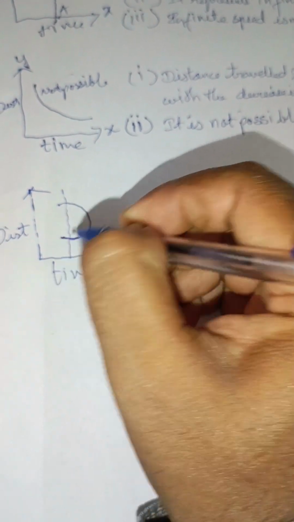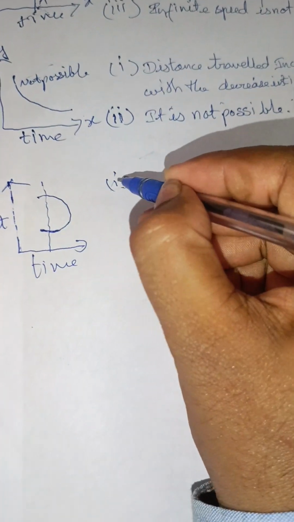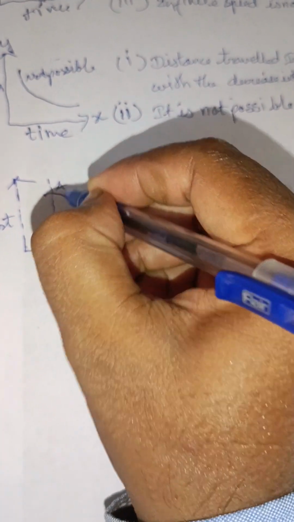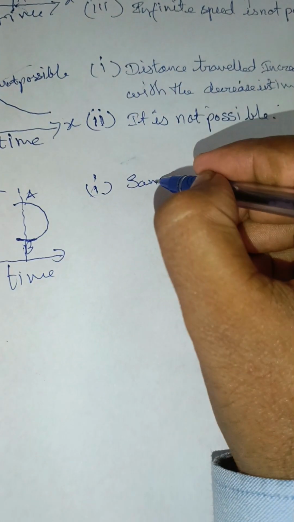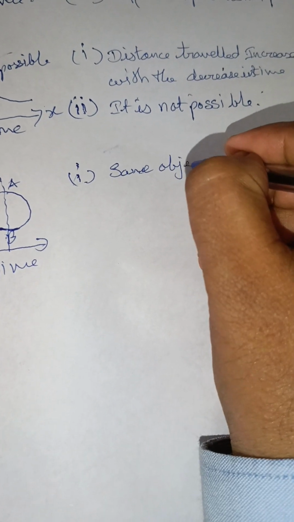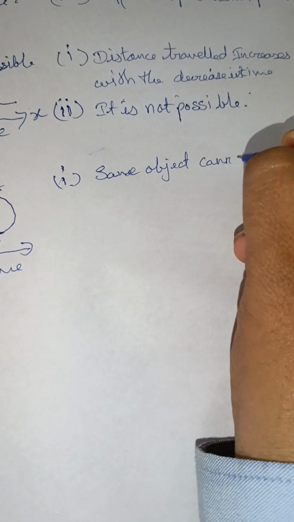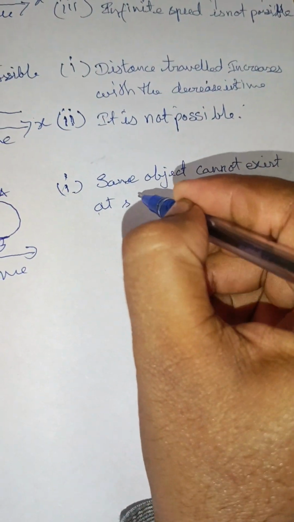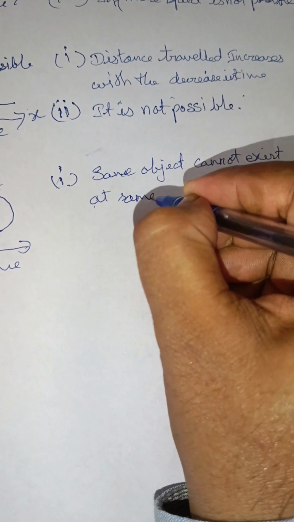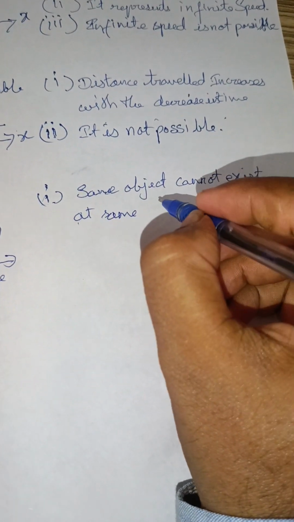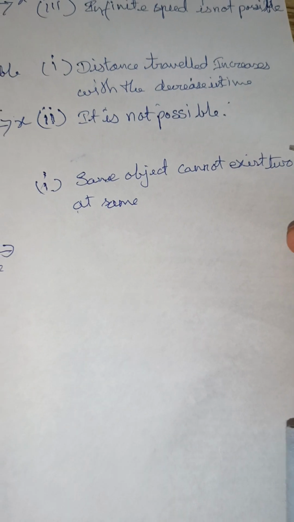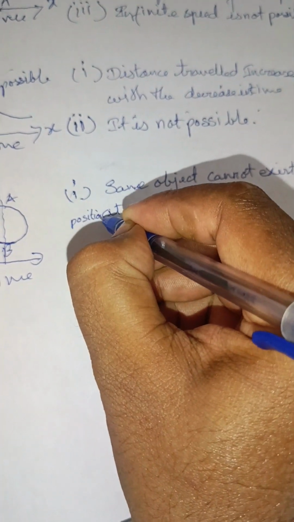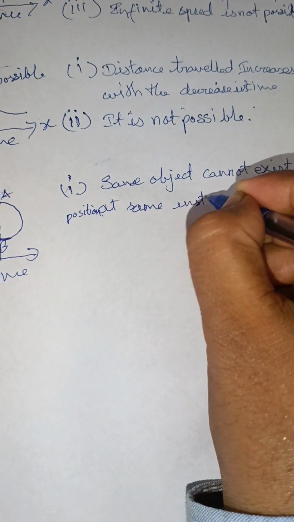If I want to define the position, the first condition is that the same object, here I can say this is my A or this is B, same object cannot exist at two positions at the same instant of time.